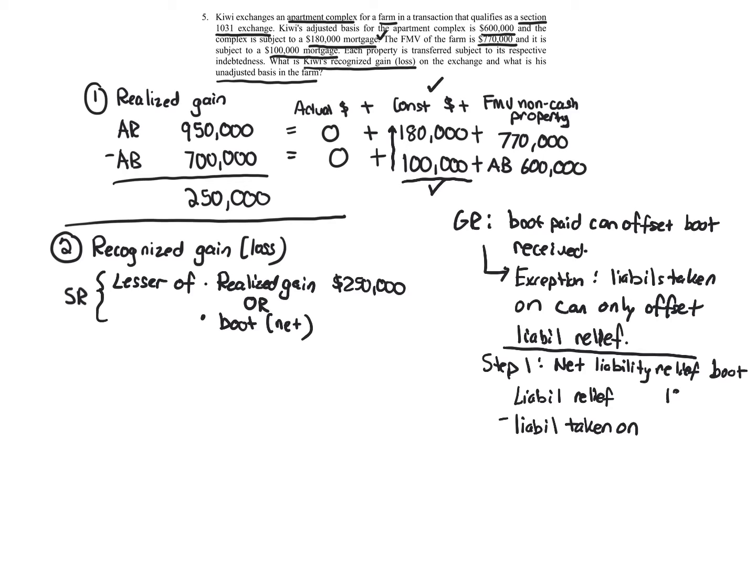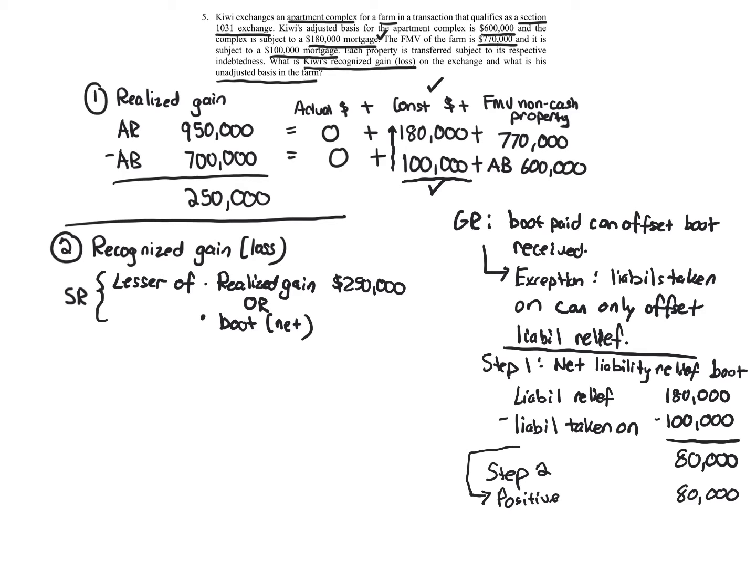Liability relief here is $180,000 minus liability taken on is $100,000. That gives us $80,000 of net liability relief. Remember, in step two, we bring that down if it's positive, which it is. If it's not positive, it's negative, then you're going to put that as zero because you can't have negative there to offset other types of boot received.